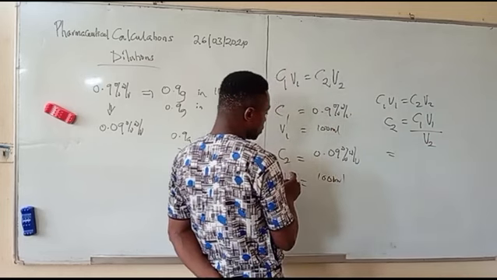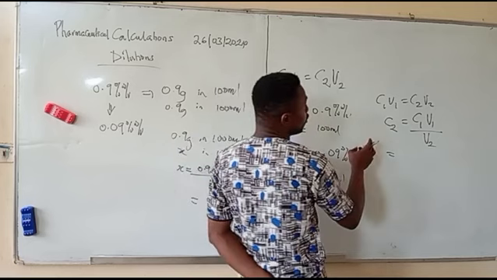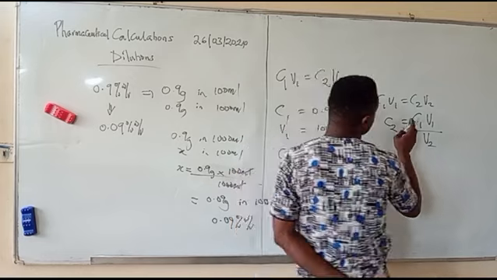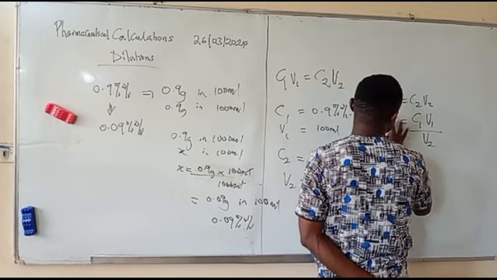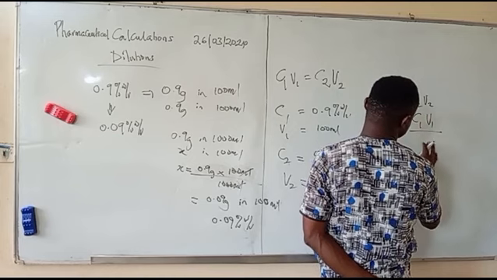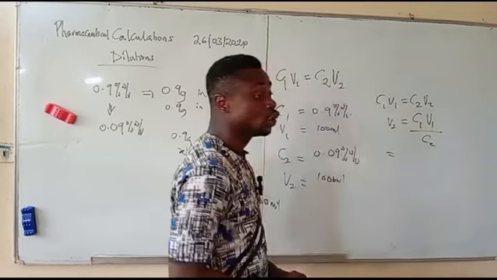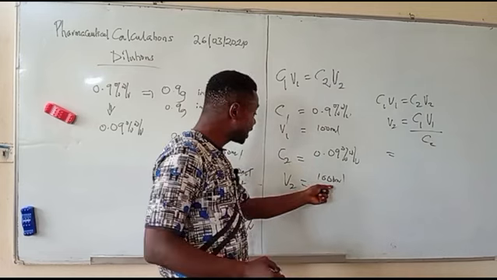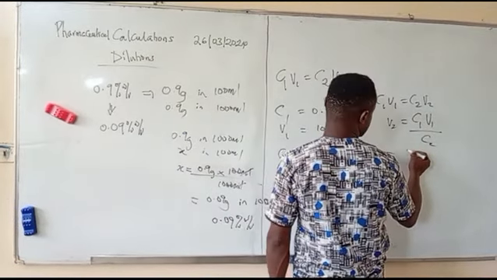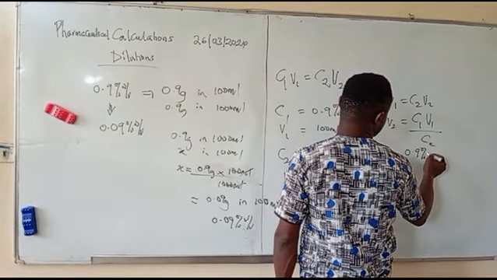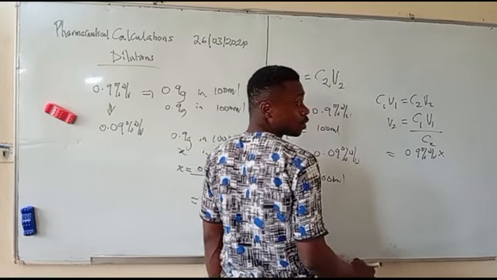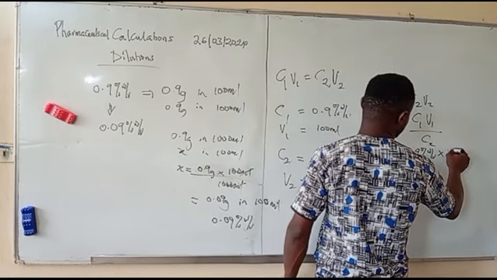Let me find V2. 0.9% weight in volume. Sorry, why am I making mistakes up and down? What's going on?